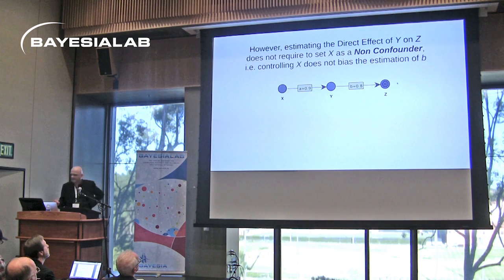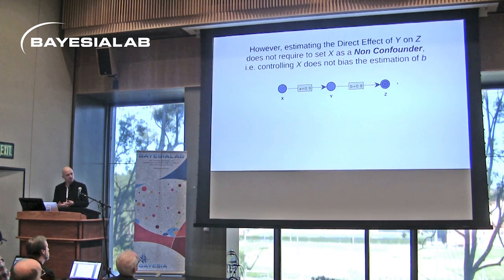Here, in this case, I'm now focusing on z, not on y anymore. If I want to estimate the direct effect of y on z, so if I want to find b here, I don't care. I can control x or not. Controlling x will not bias my estimation of b.